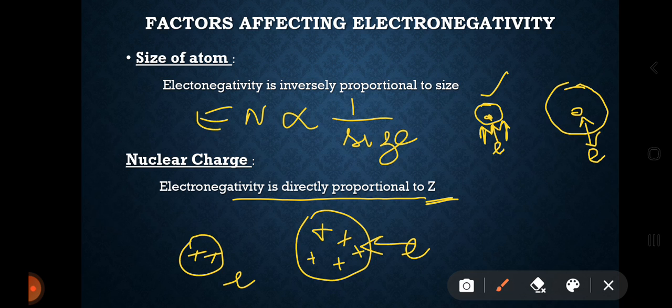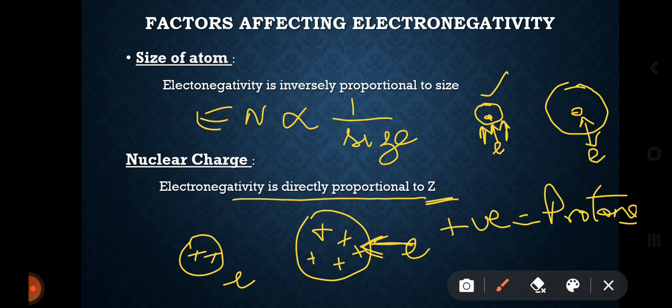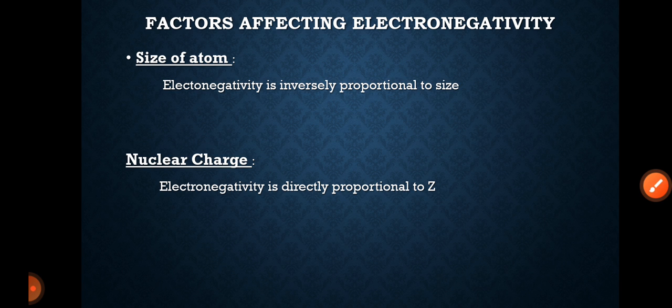Here only a lesser number of positive charges are there, here more are there, so this will attract very easily. Positive charges are nothing but the protons. So protons are nothing but the atomic number, which I have mentioned as Z here. So electronegativity is directly proportional to Z, that is the atomic number, which is nothing but the number of protons.